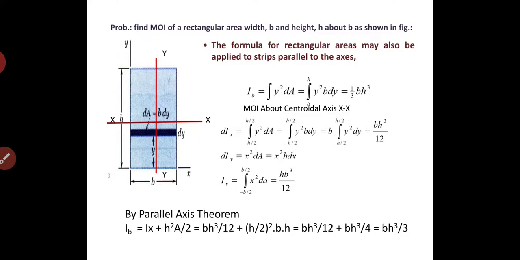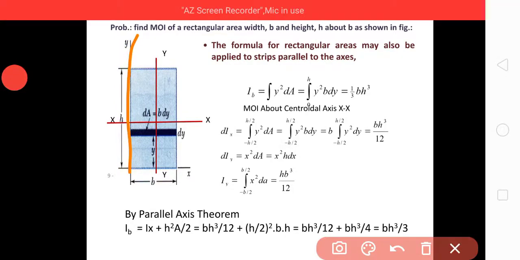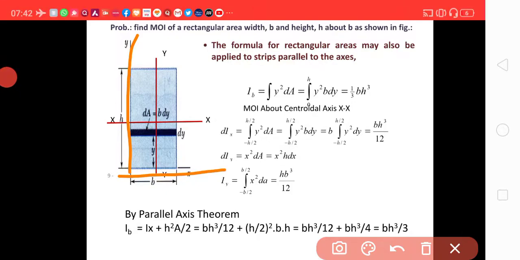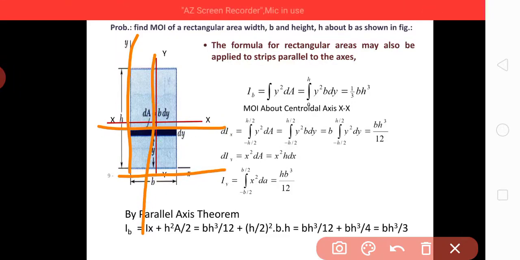Now let us find out the moment of inertia of this rectangular strip about its base B, that is axis x, and this is axis y. These are the two centroidal axes, capital XX and capital YY.